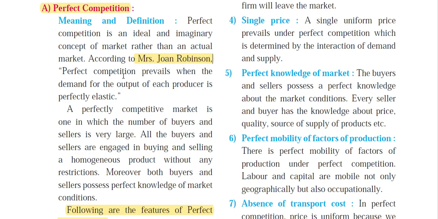Perfect competition prevails when demand for the output of each producer is perfectly elastic. This perfectly elastic we have studied in the previous chapter. So the important phrase is perfectly elastic. Perfect competition will exist when the output of each producer is perfectly elastic. In this there are also a number of buyers and sellers, in huge amounts, very large.